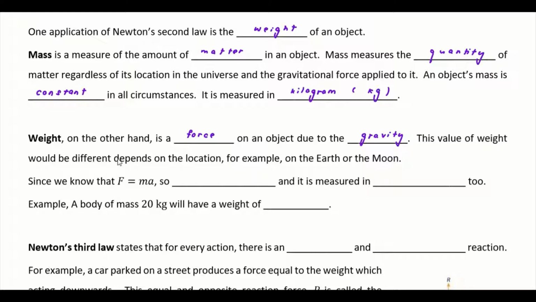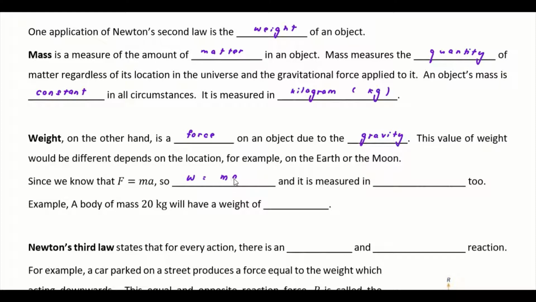Okay, since we know that force is equal to mass multiplied by acceleration, and weight is one of the forces, when we calculate our weight, it's equal to the mass multiplied by the acceleration caused by gravity, which is the gravitational acceleration that we learned in chapter 1, the vertical motion.